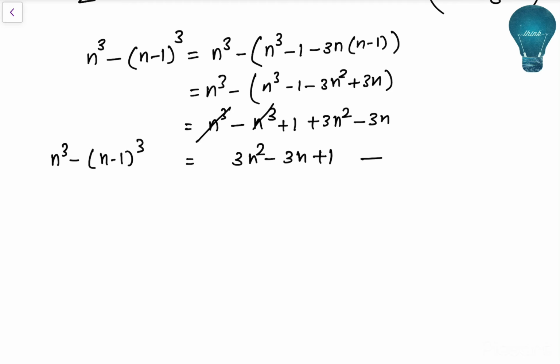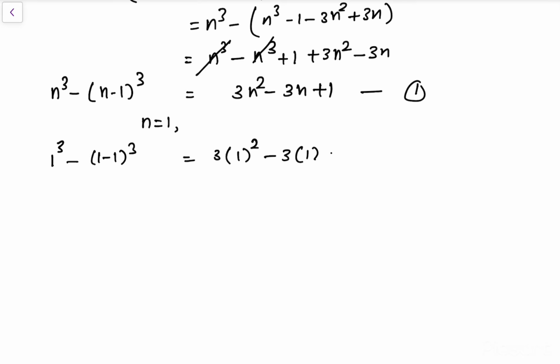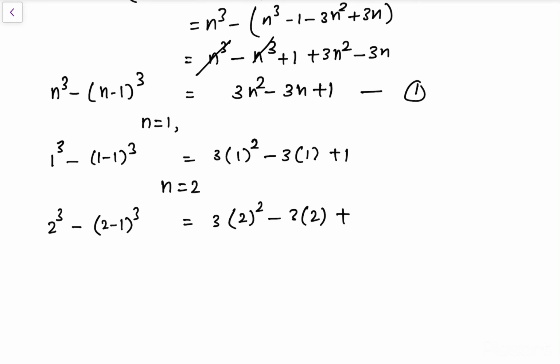Let's do one more thing. Suppose this is equation 1 and we are putting many values of n. Suppose we put n is equal to 1. We get 1 cube minus 0 cube equals 3 times 1 square minus 3 times 1 plus 1. If we put n is equal to 2, we get 2 cube minus 1 cube equals 3 times 2 square minus 3 times 2 plus 1.